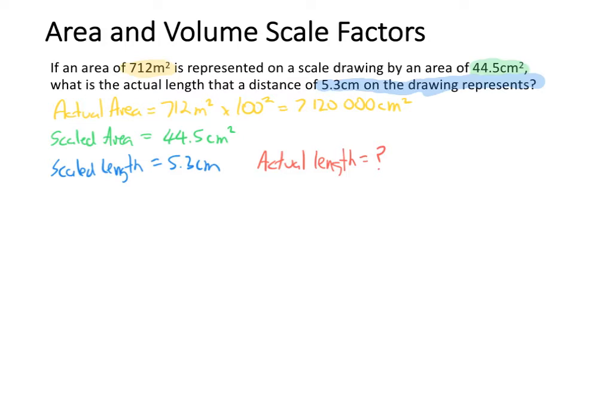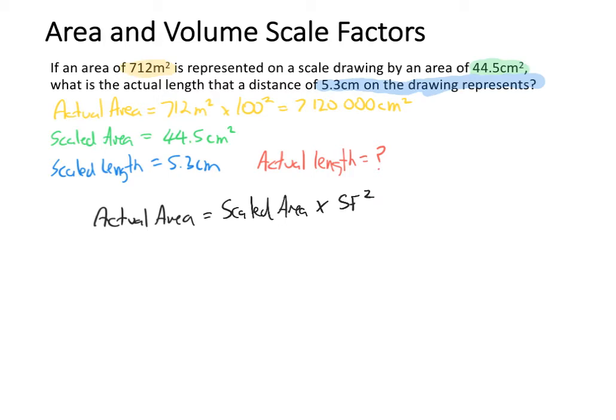So in order to answer that question, what I need to calculate is the scale factor. Normally, if I was calculating area using scale factor, I would use a formula: actual area is equal to the scaled area times by scale factor squared.